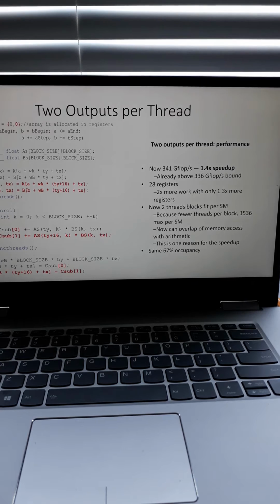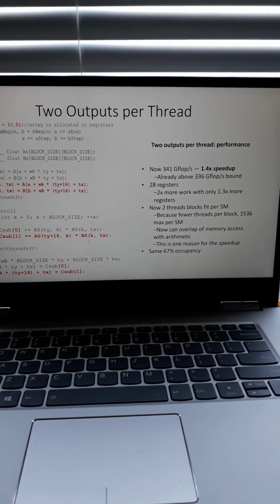So if we are including 2 more arithmetic instructions and 2 more outputs in this particular thread, then the performance will go from 341 to 484 G-flops per second.